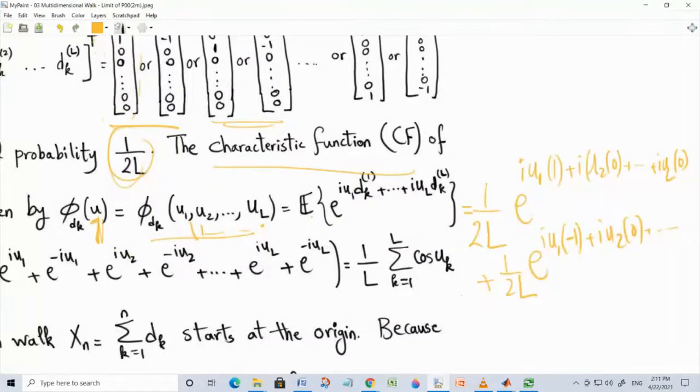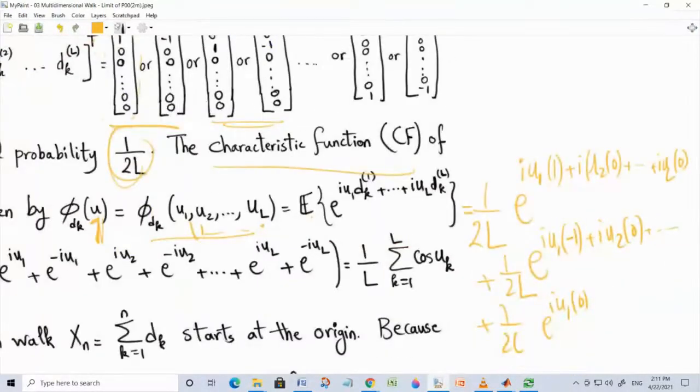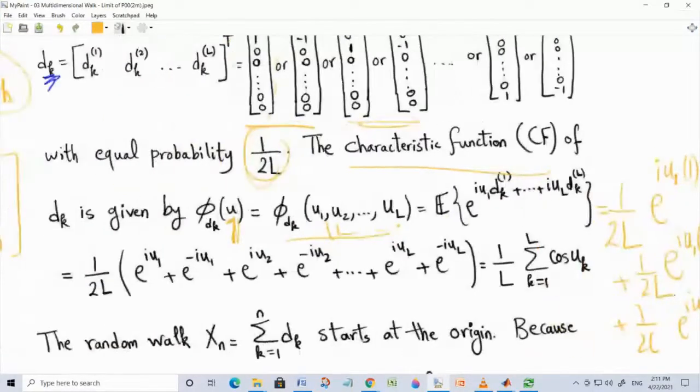But you can also choose to move along the second coordinate. So this will be 1 over 2L, now e to the i u1 multiplied by 0. I'm talking about this third possibility, plus i u2 multiplied by 1, and then the others are multiplied by 0, and so on. You do it, you get this quantity.